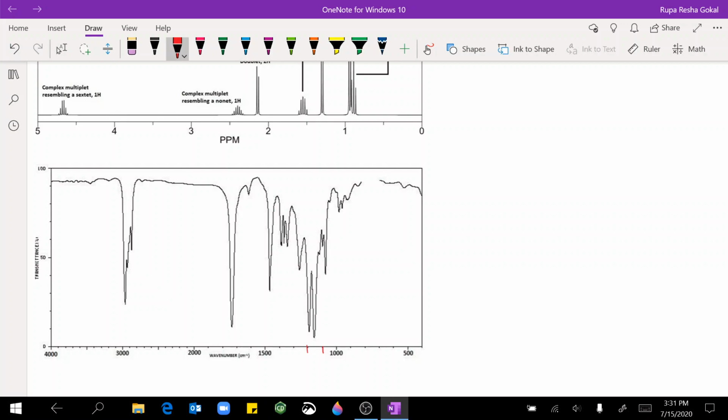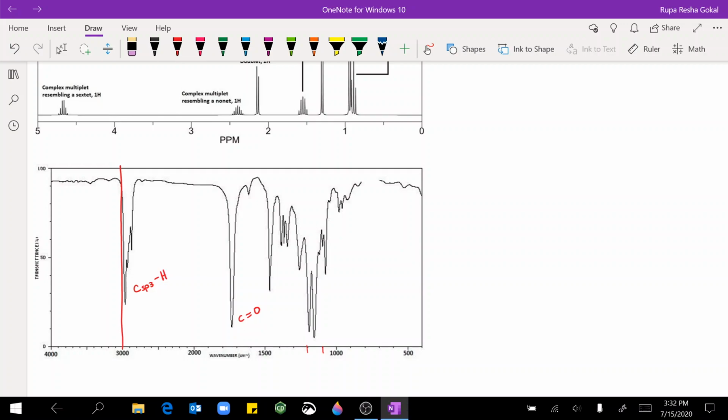Here, I'm going to draw my line at 3,000, and see that there are only signals to the right of 3,000, which means I only have hydrogen stretching on sp3 hybridized carbons. Okay, I see this beautiful carbonyl C double bond O signal a little past 1,700.